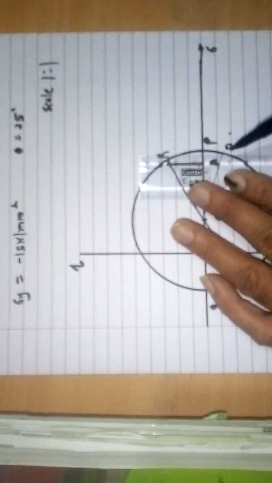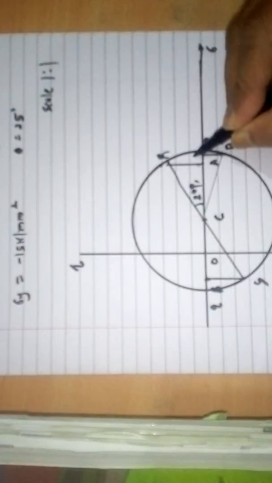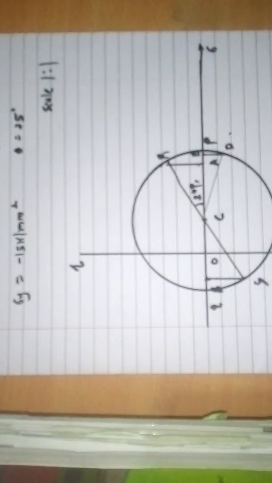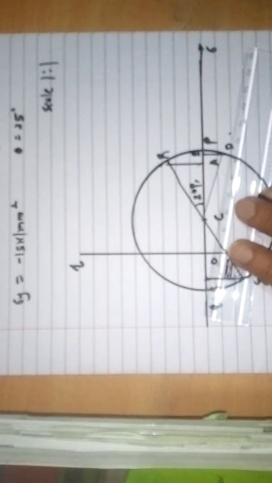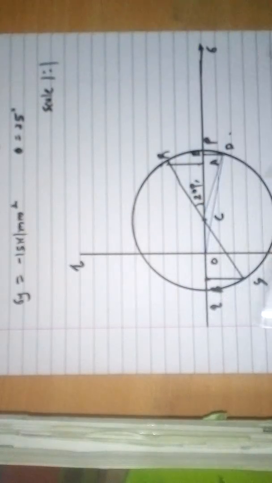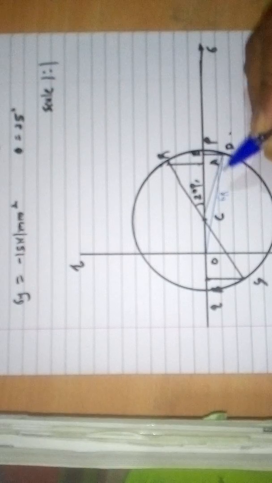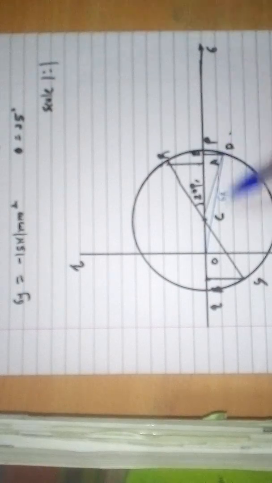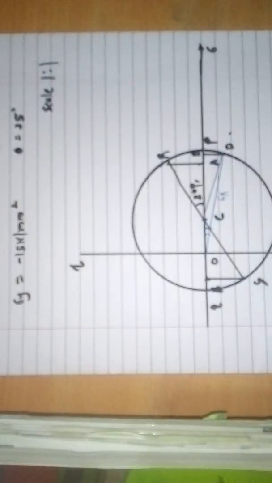Then draw a vertical from this D point up to the x-axis. For the intersection, give the name E. Then join this D to O. This OD distance is called sigma R, and this angle DOA is known as the angle of obliquity.